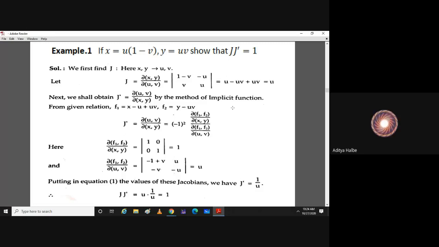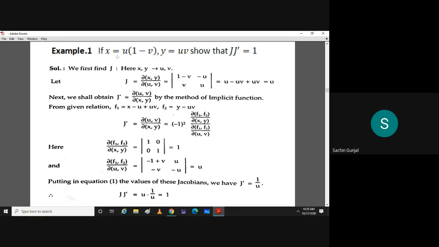Can I write this down? I need 1 minute. Okay, I gave you enough time to write. Copy it fast. Sir, can you explain it again? See, my point is I can express u in terms of x and y.